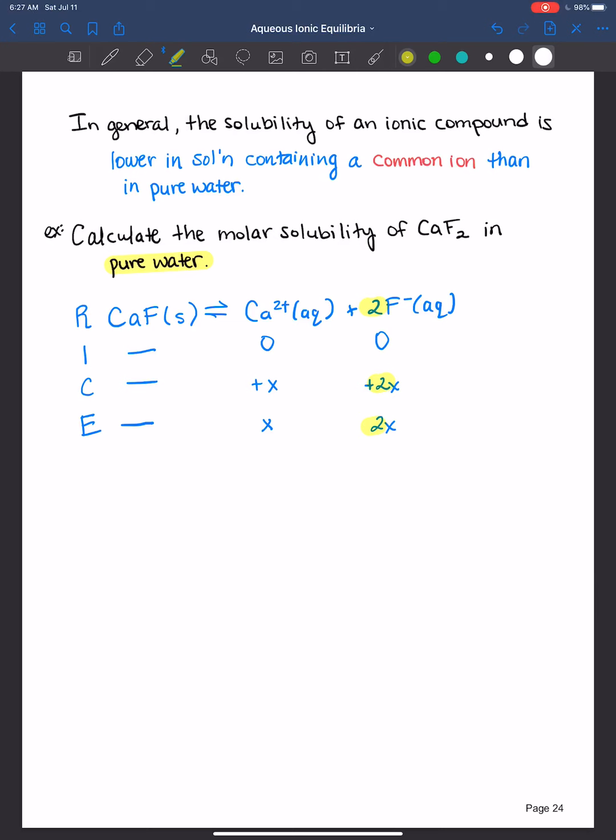All right, so let's go ahead. We want to calculate the molar solubility, which is essentially to find x. And so we have to set up the KSP expression, products over reactants, but not including reactants this time because it's a solid.